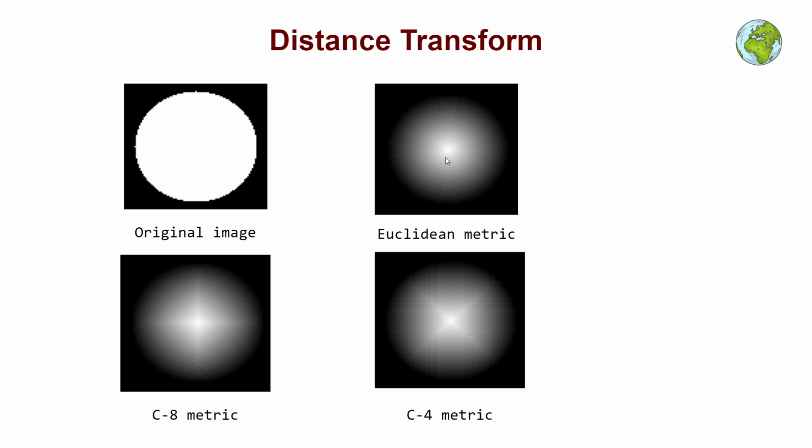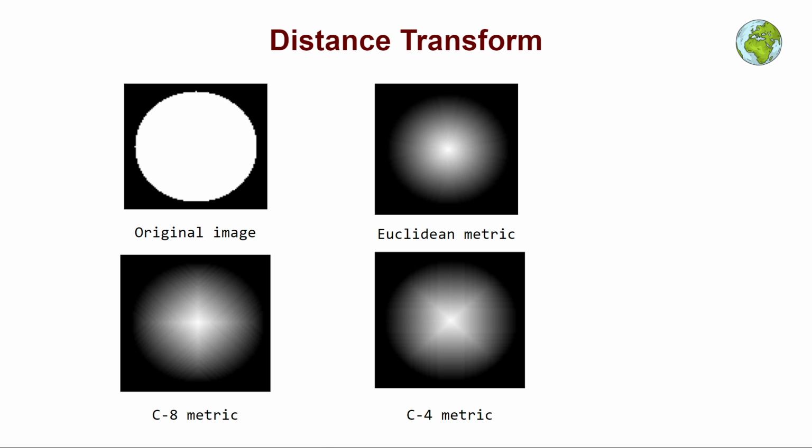Here it is very important to know that the main point on this shape, the point in the middle, the pixel at the center of this circle, is white. So it is 1, right? Why? Because this is the point where the distance between this pixel and the edge of the circle is the maximum.